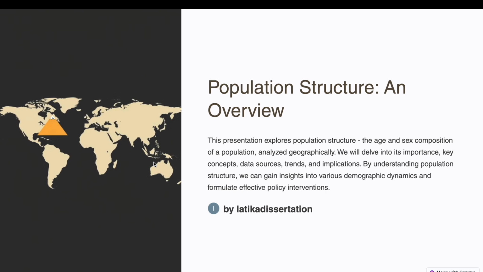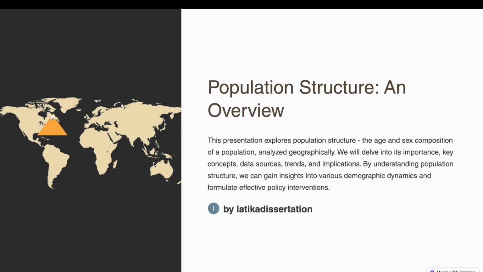This graphical representation provides insights into the distribution of different age groups and genders within a population. Beyond that, population structure gives us a deeper understanding of the social structure, religious composition, and the spatial distribution of people.